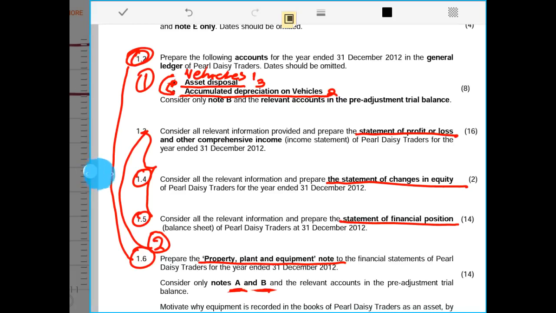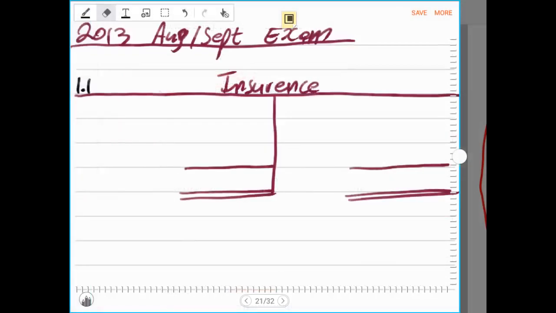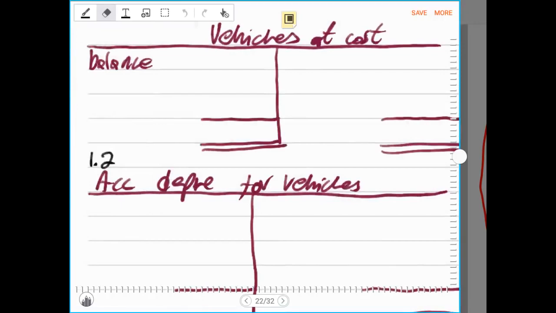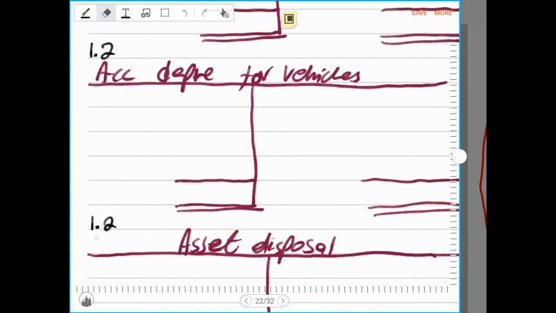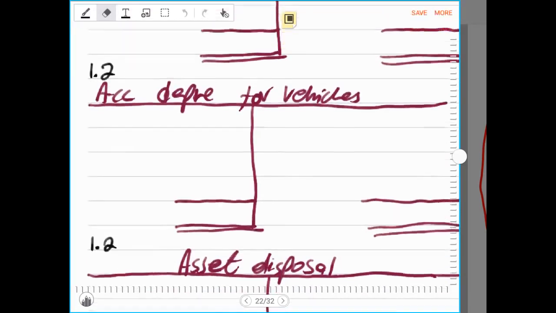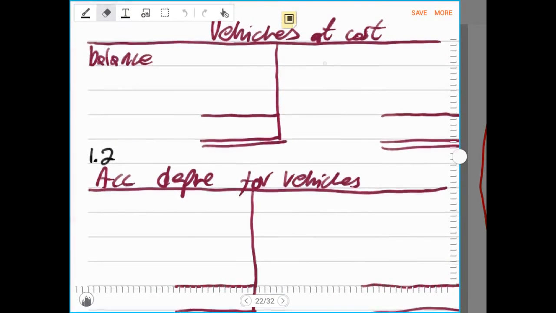So now very importantly, whenever we already know the requirements, it's very good that we structure all the requirements. We know that 1.1 was the insurance, and I just opened the ledger account for that. And 1.2 we were required to do the asset disposal ledger account and the accumulated depreciation on vehicle. I've also opened this ledger account for vehicles at cost because vehicles were sold.